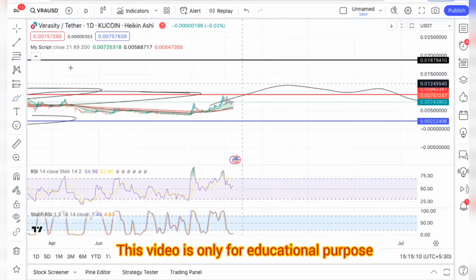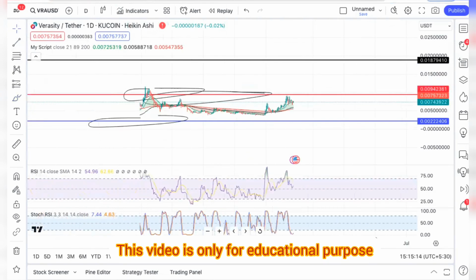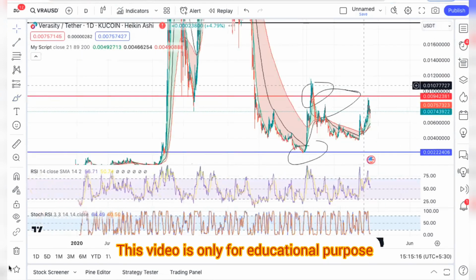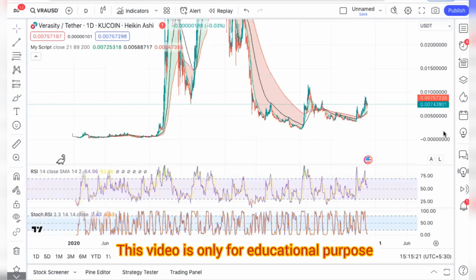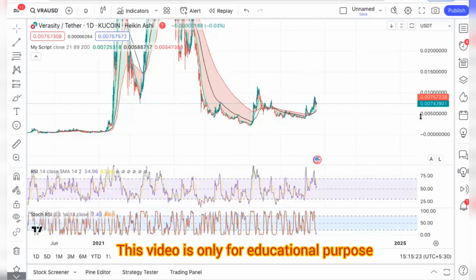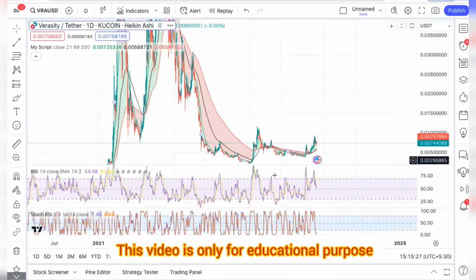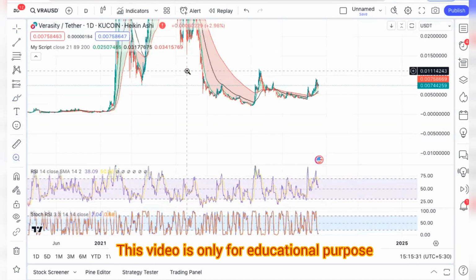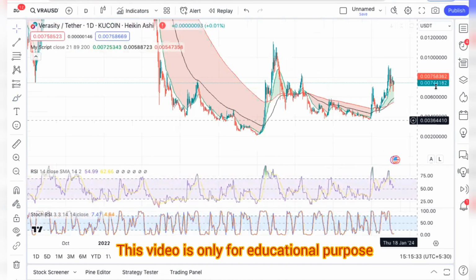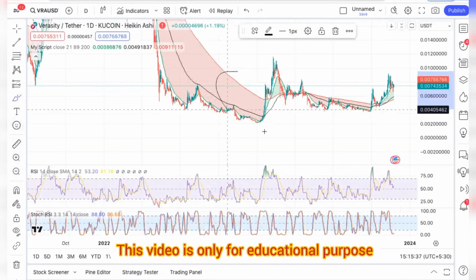So when you see the daily time frame, let me get rid of all the drawings. What you can see is we had this massive downtrend, and observe this very carefully. These are all moving averages. If you observe this carefully, the 200 moving average was acting as resistance throughout the bear market.